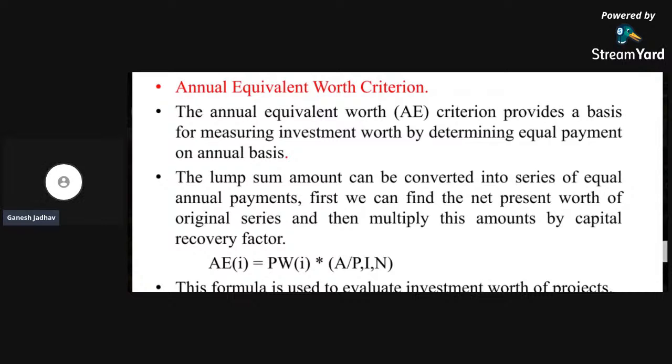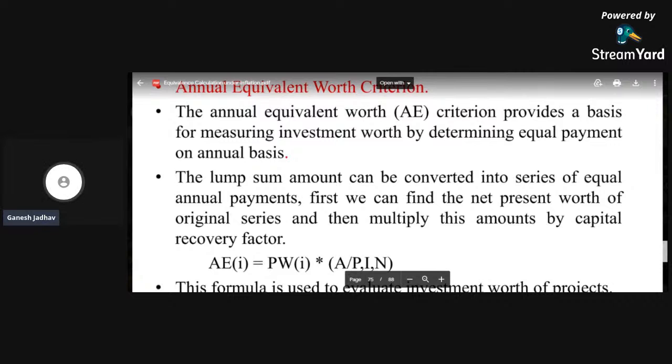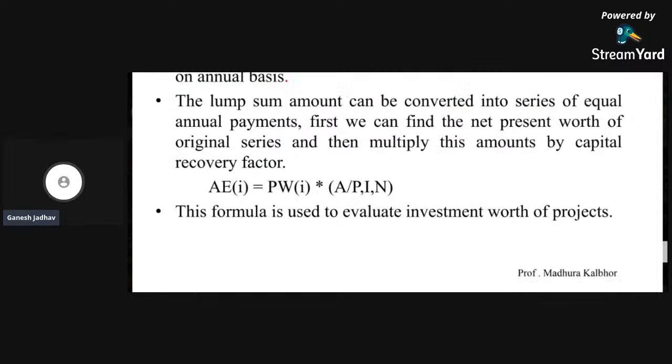So you are getting 20,000 per year for that particular annual period. So this is the factor: the present worth, that is A times P/A, i, N. This is the formula we have to use to evaluate the investment worth of the project also.